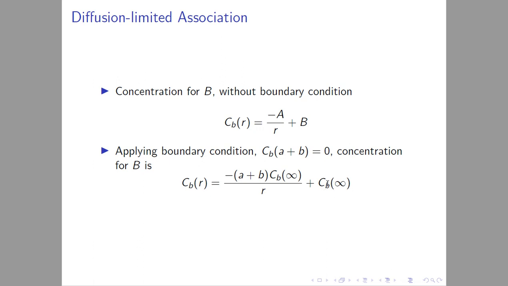CB at infinity is the bulk concentration, and this is the limit at which it can attach to the protein.